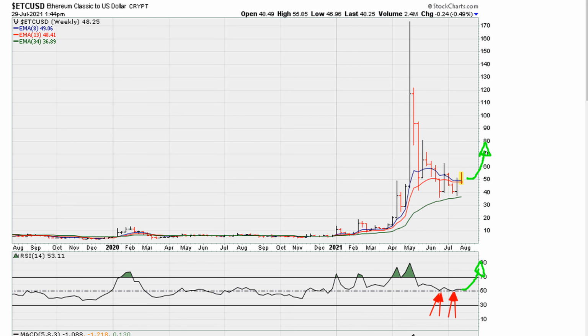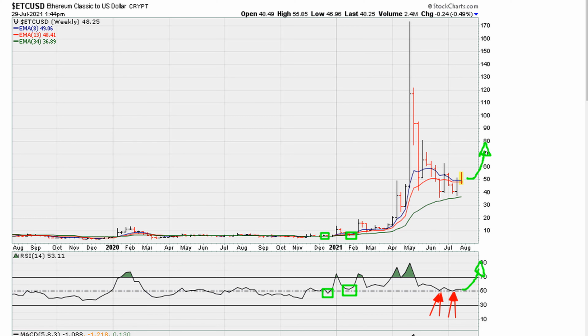The last time we came to test the 50, we can see that the market held, which is the lows here of, let's call it early February, late January of 2021. And we also held RSI 50 here in December.